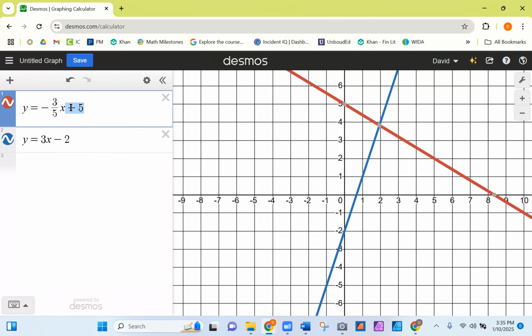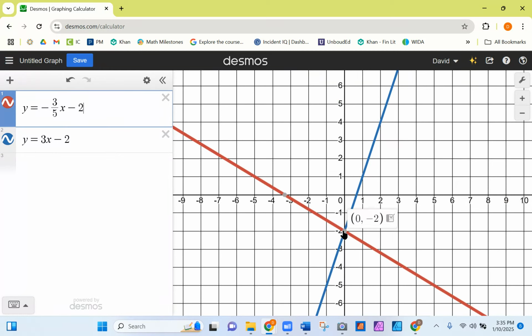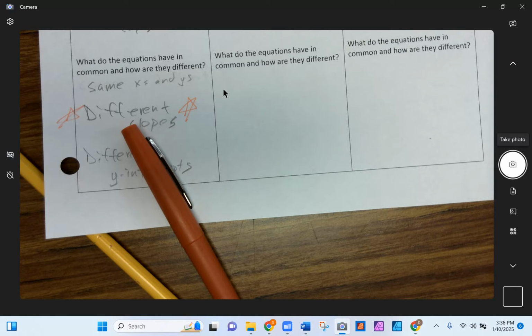I could change this to have the same y-intercept but different slopes, and you can see that they're still going to cross just once, right? The important thing is if they have different slopes, they automatically cross once.